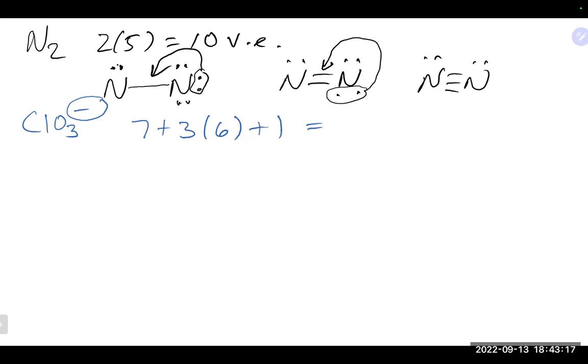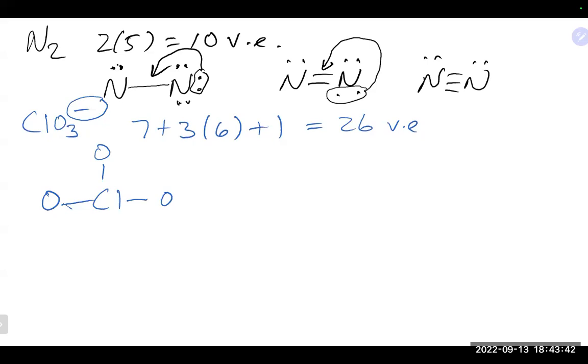And that would be 18, 19, and 7 is like 26, maybe. I don't know. Valence electrons. In this case, in the center should go chlorine, oxygen to the sides. We're going to do a single bond to each of them. That is 2, 4, 6, and 8 electrons.